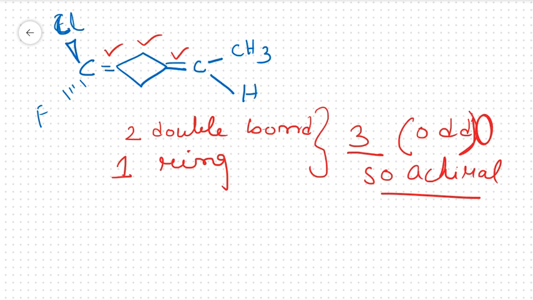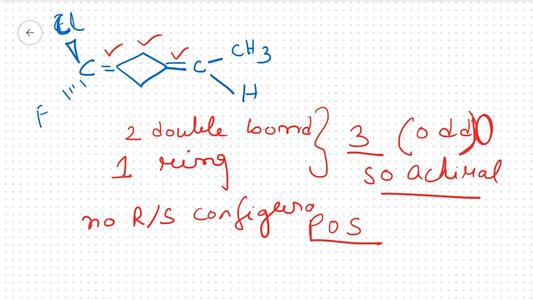So since it is achiral, there will be a plane of symmetry present. 1 point. Next, no RS configuration. You can do E and Z configuration. That thing we will talk about a little later. So this is the fact. If you take EZ, we will talk about that EZ in the later part. EZ nomenclature can be done with this.